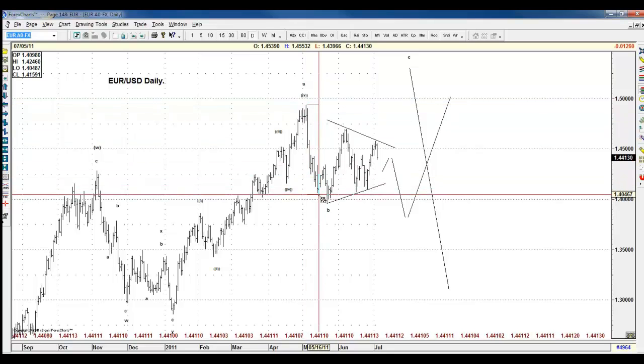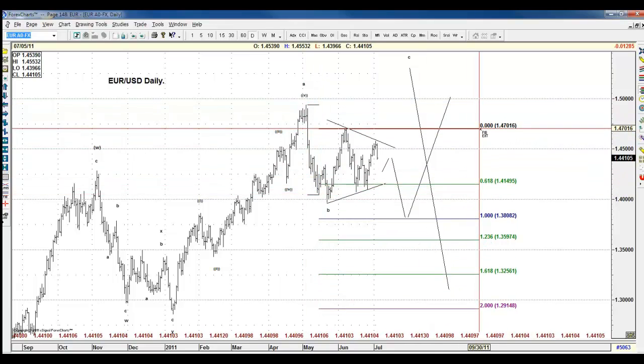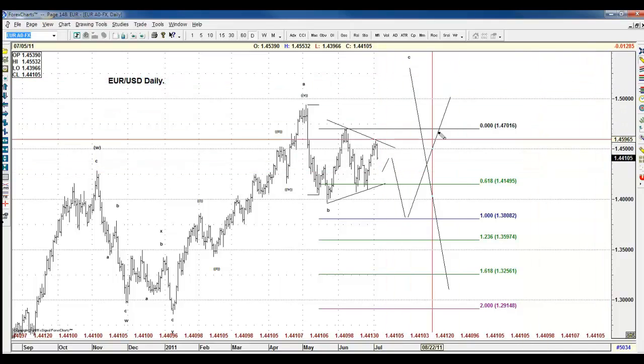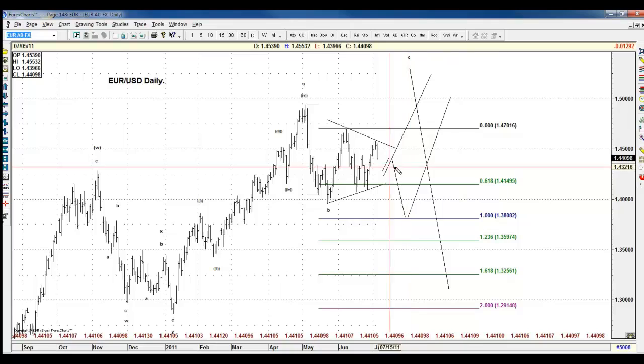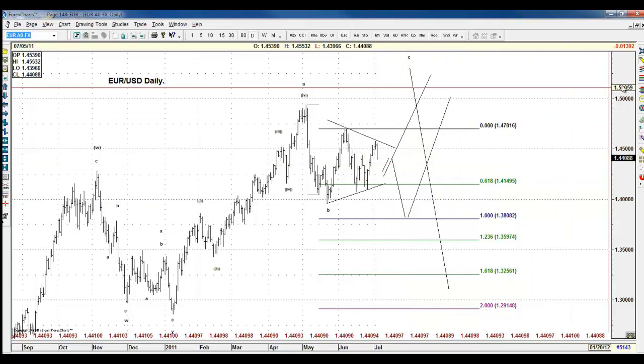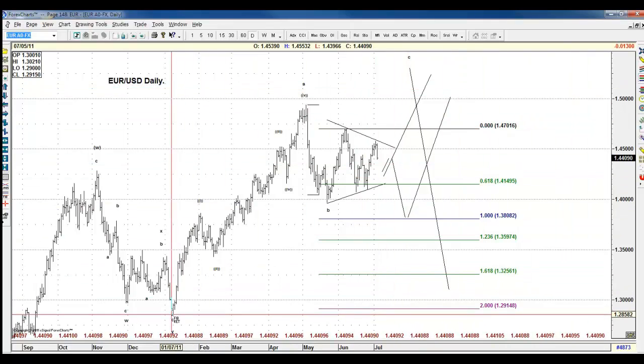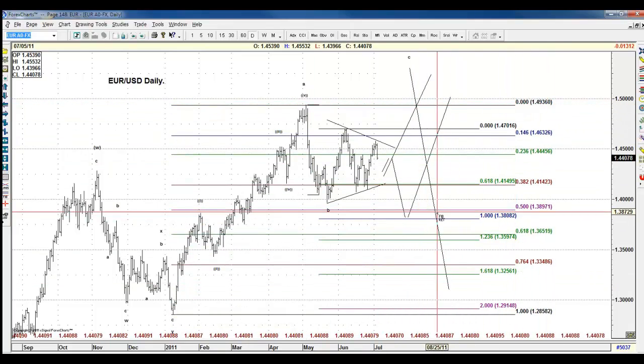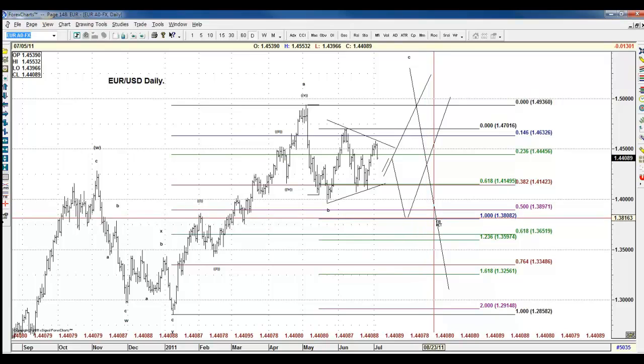So technically it goes like this, or it goes from here. But both of the scenarios, the bullish first level to watch is the triangle, second level to watch is around 39, 38 area.